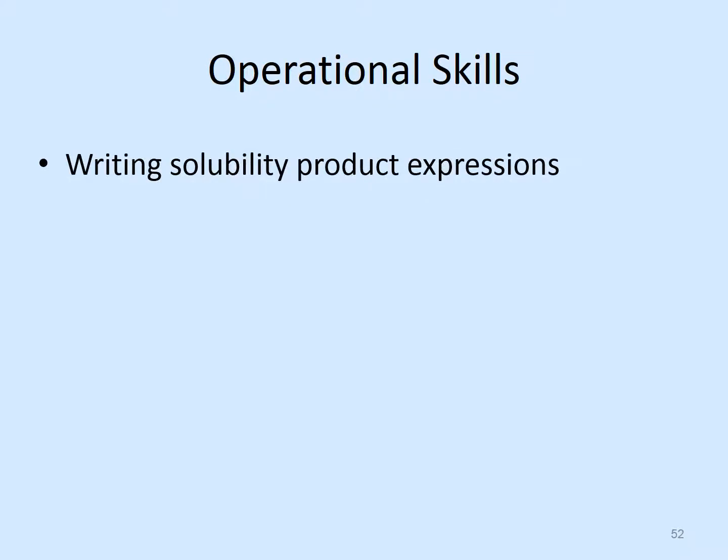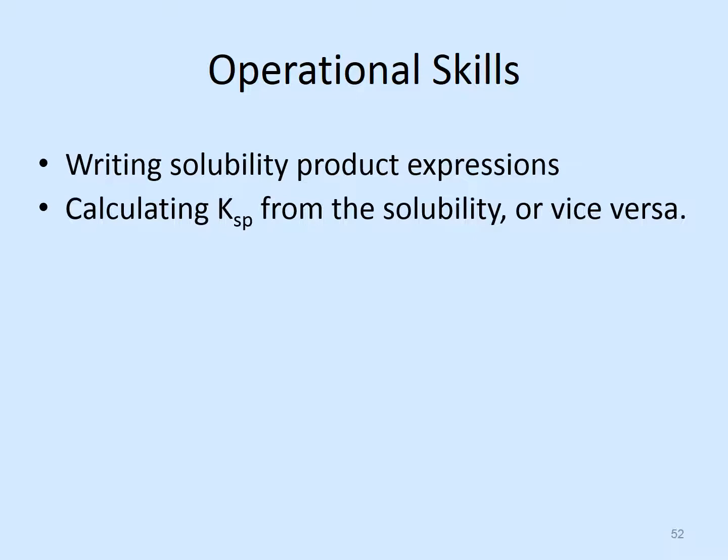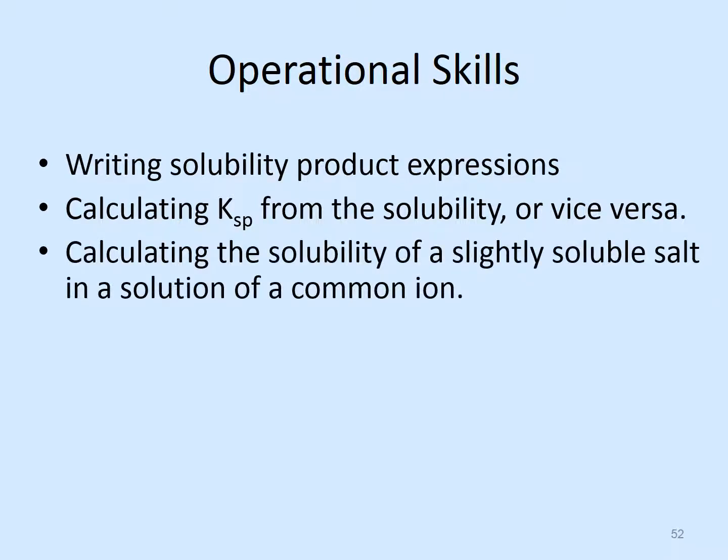All right, so what should you be able to do in chapter 17? Mainly those last few won't be on the test, but you will use those in lab. You should be able to write the solubility product expression. You should be able to calculate the Ksp if you know the solubility, or calculate the solubility if you know the Ksp. You should be able to calculate the solubility of a slightly soluble salt if you have a common ion.